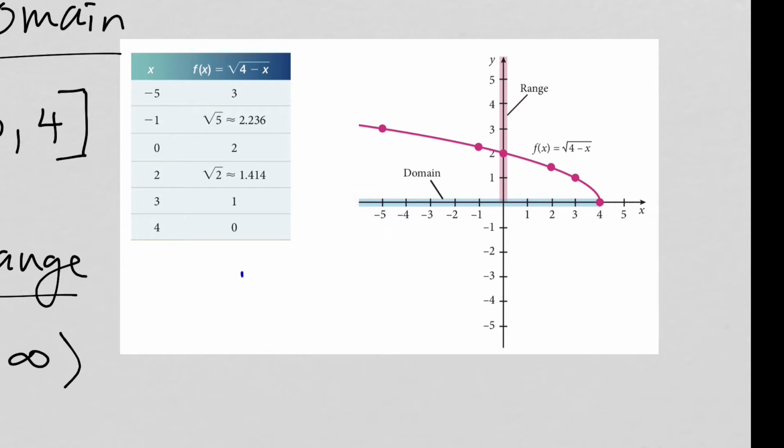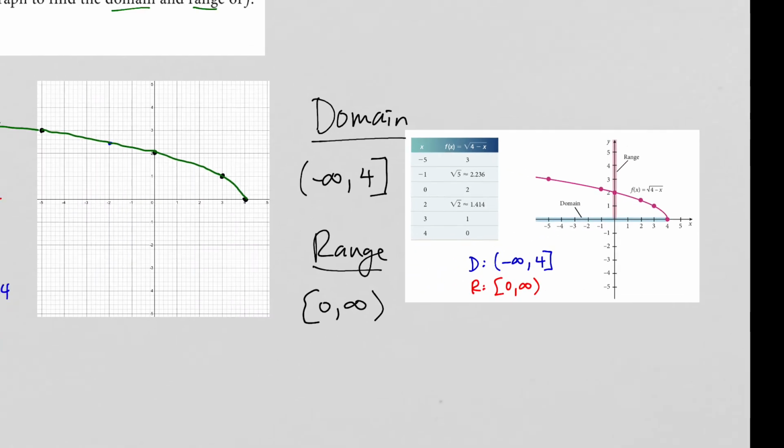But of course, the way we say that is we go from negative infinity up to 4. And then the range, you can see that these are all the values covered by the function on the y-axis, and those start at 0 and go to positive infinity. So our range goes from 0 to positive infinity. All right? Okay, let's take a look at the other problem here.